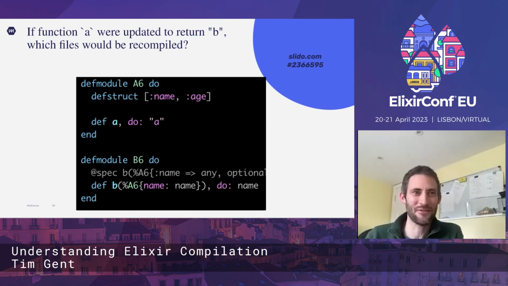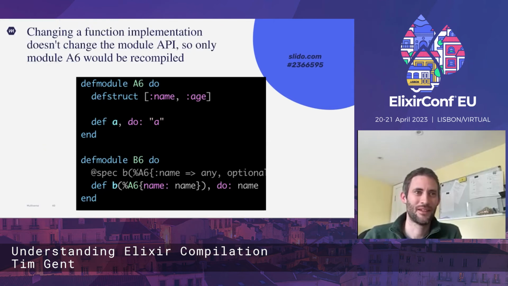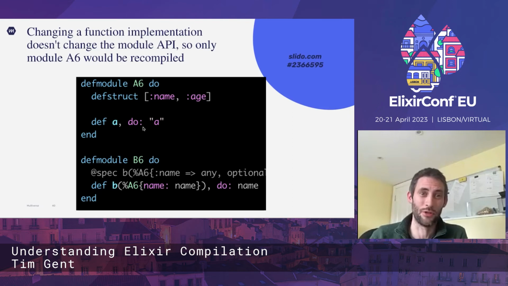So when you change a function implementation, it doesn't change the module API. So only module A6 here would be recompiled. By changing the return value, we haven't changed the module API. Like if we'd added an argument to this function, that would change the module API and it would cause both to be recompiled. But in this case, we just changed the output.